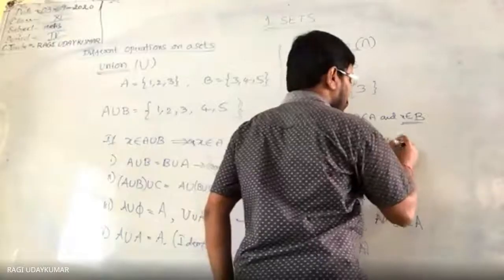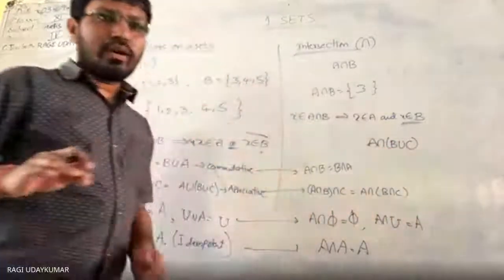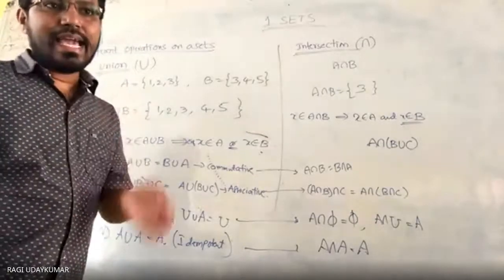So now distributive: whenever you consider A intersection B union C, this is called intersection distributing over union.